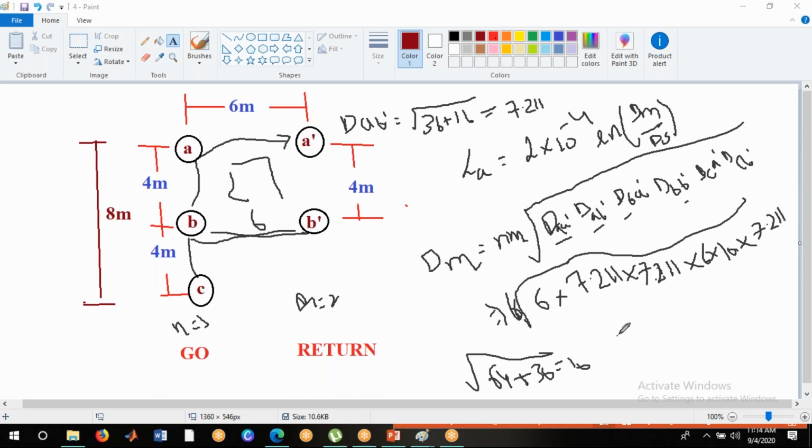Then find the value of Dm. Dm is the 6th root of 6 into 7.211 into 7.211 into 6 into 10 into 7.211. Find the value of Dm.